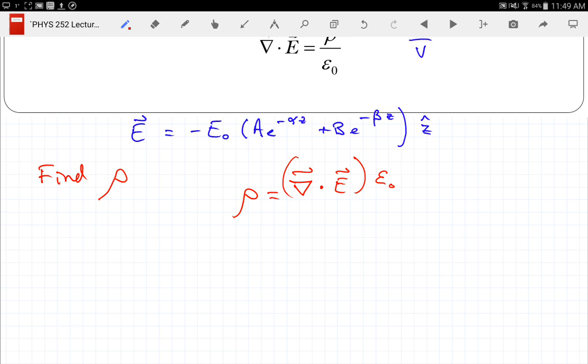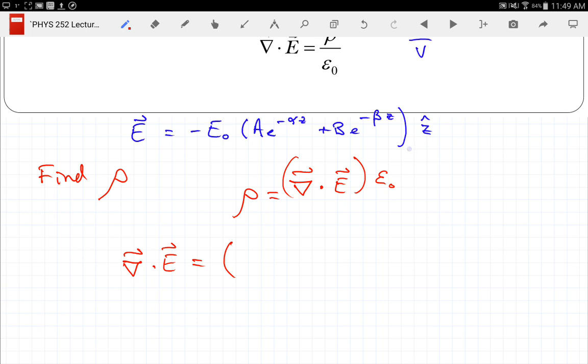So we start off by doing del dot E. Now notice I'm doing del dot E, so in the end, when I finish finding del dot E, I have to multiply it by epsilon 0 to get rho. You see why I forget this. So first I'm going to write what del is.